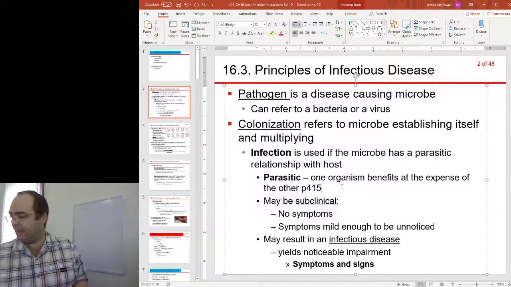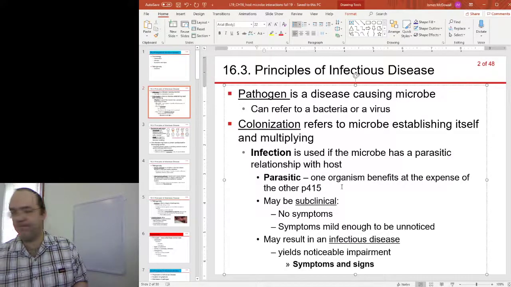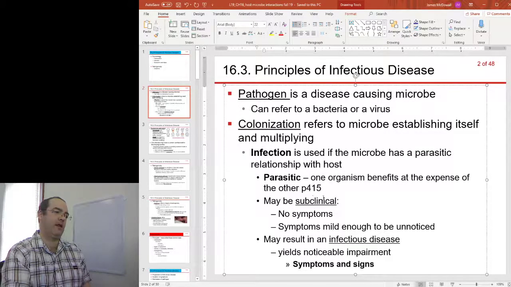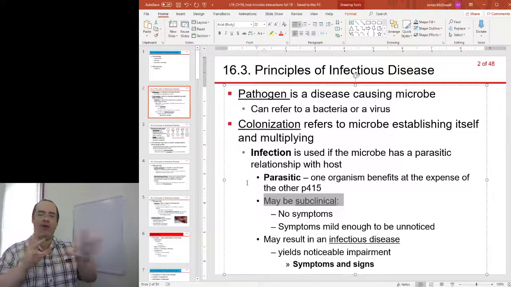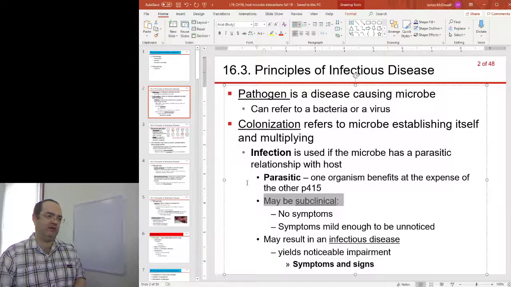So you get an infection. And there are many ways the body can respond to that infection. The first way is you may have no noticeable response.